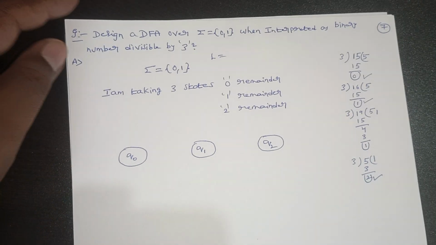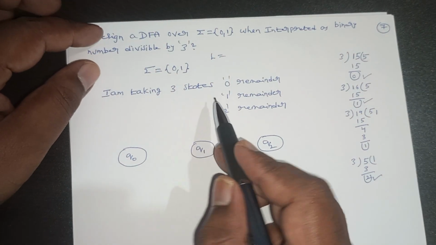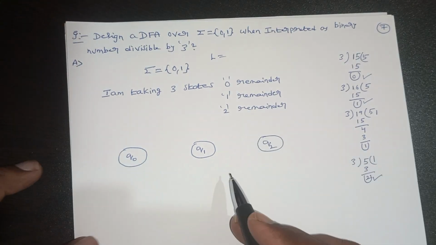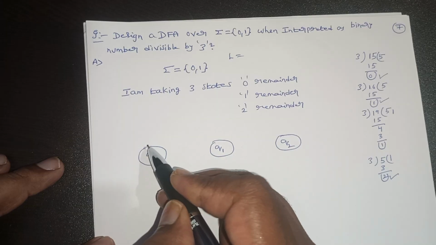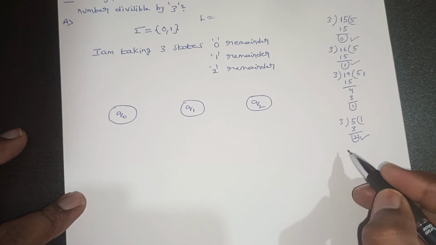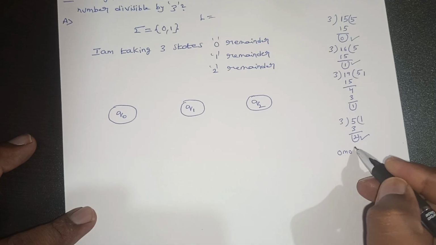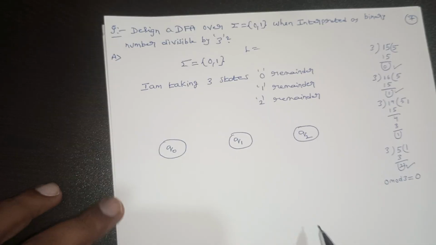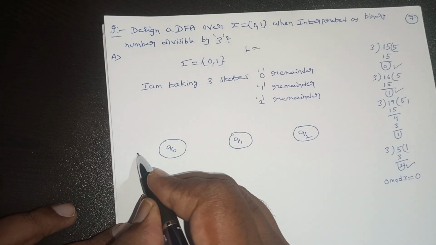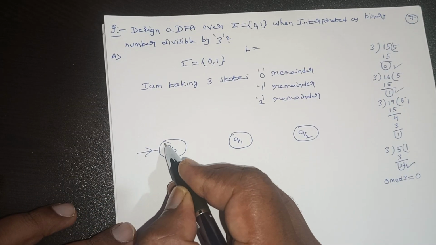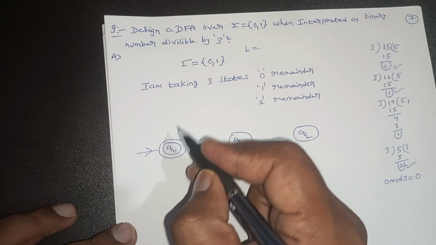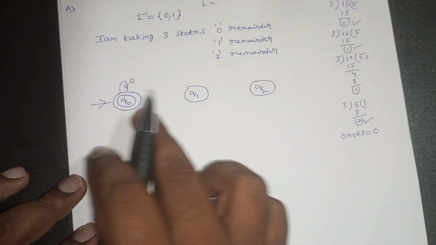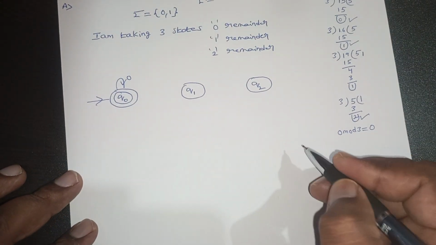Okay, take this example. So I am taking three states. Okay, 0 remainder, 1 remainder, and then 2 remainder. The start will always be q naught and 0, as I already told. So 0 mod 3. What will be the remainder? 0 will be the remainder. So this is the start state. Also it is a final state. Then q naught on 0. Now you have to form the edge q naught on 1. Okay, same procedure.